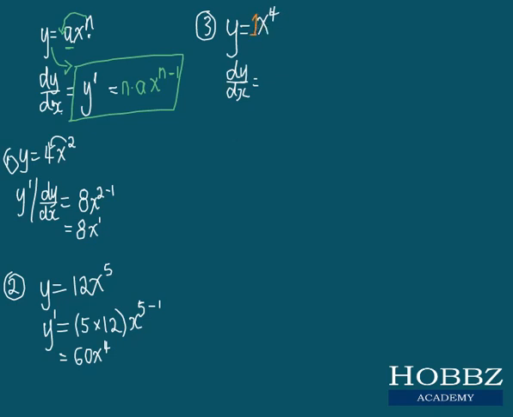So 4 times 1 gives you 4x to the power 3, because 4 minus 1 is 3.